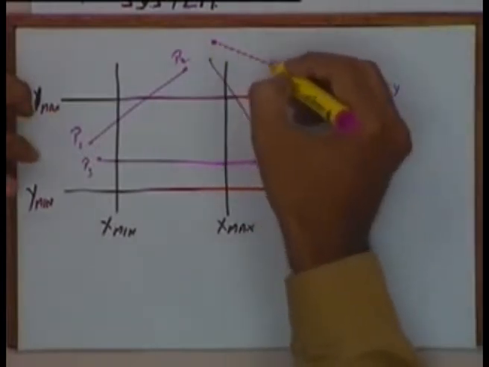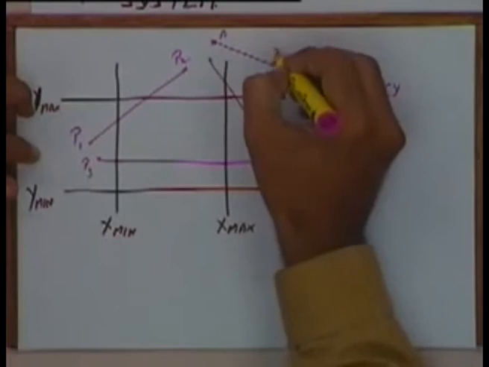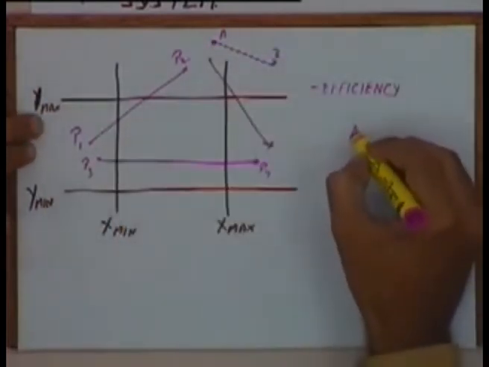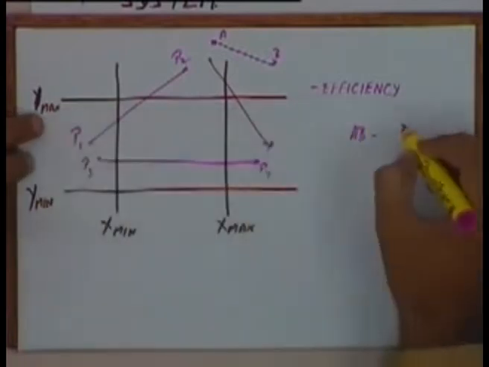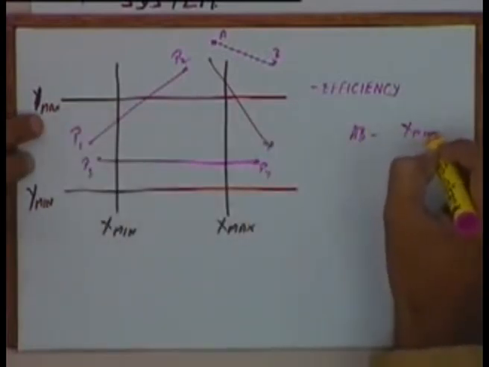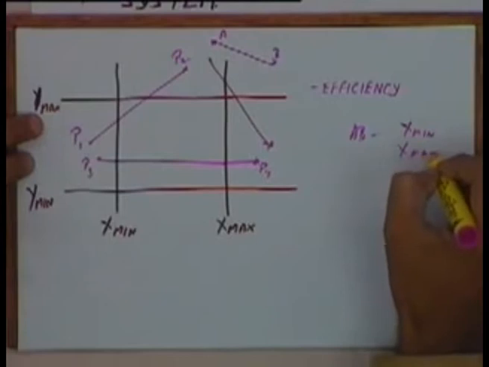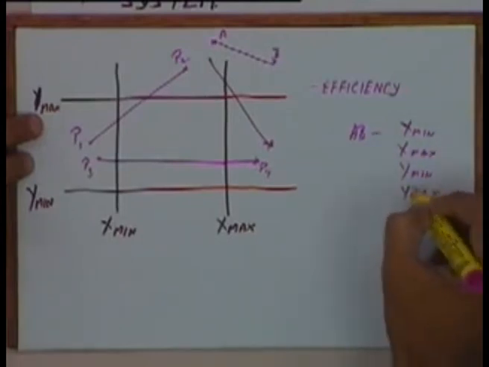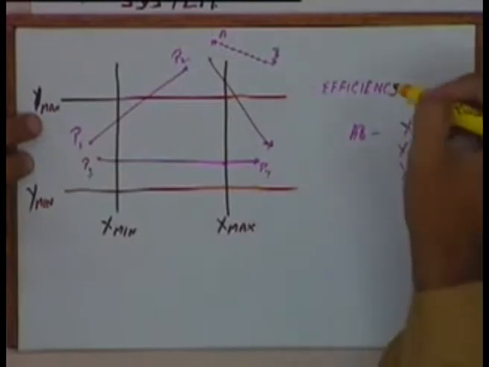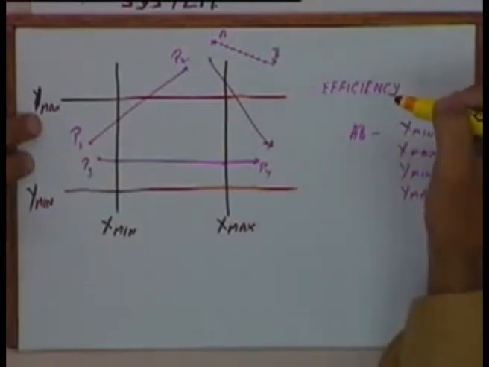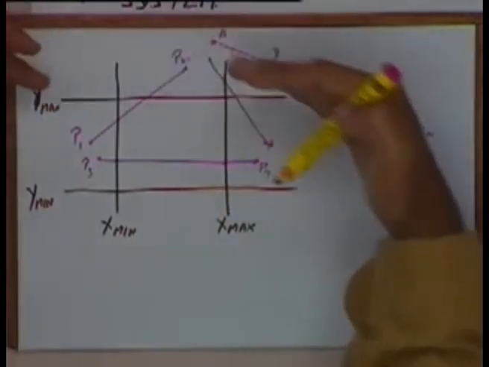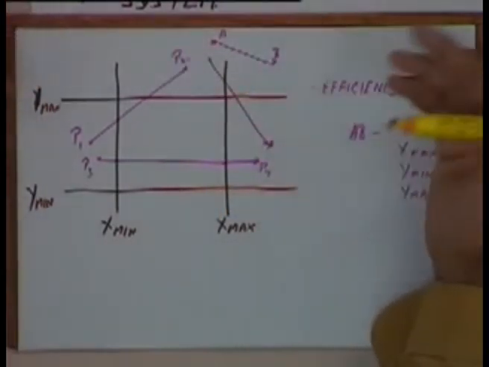Let us say for a line like this AB, if I try to find the intersection of AB with either of these lines x min, x max, y min and so on, this exercise is going to be wasteful, because this line is totally outside, and wherever the intersections lie, irrespective of that, the line is not going to be displayed.